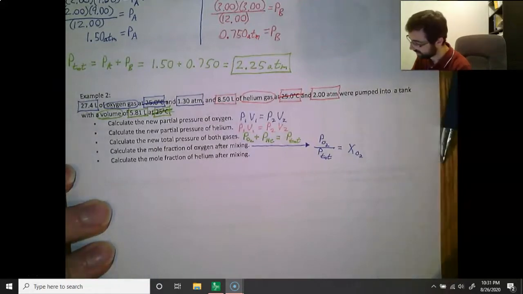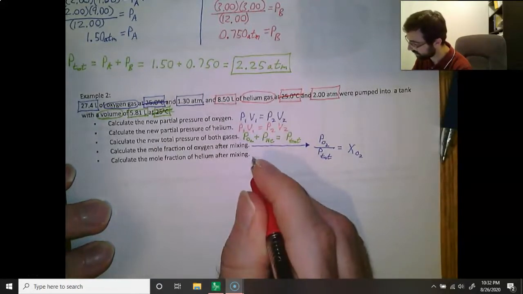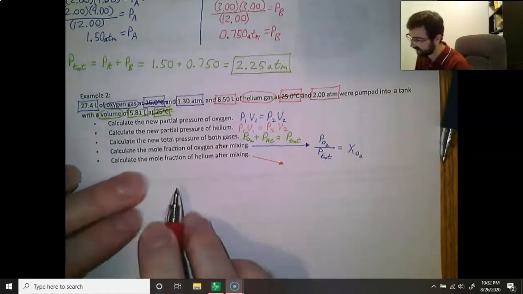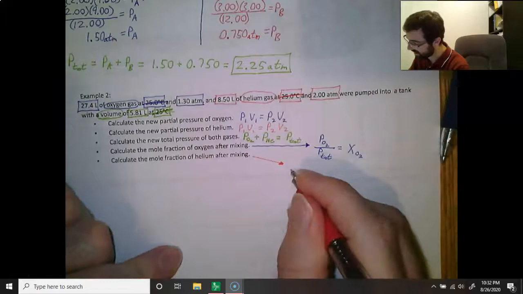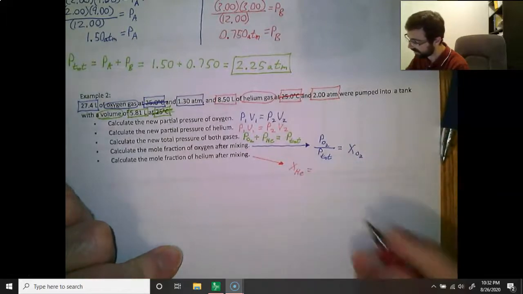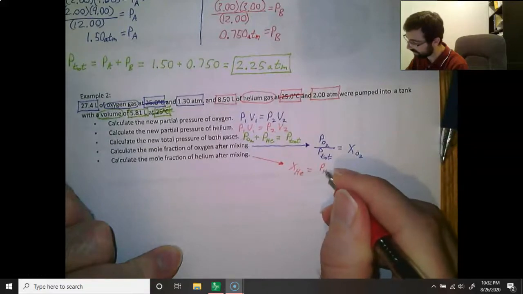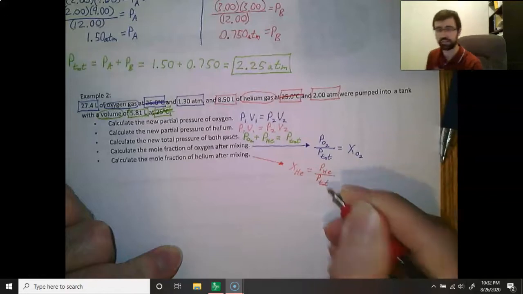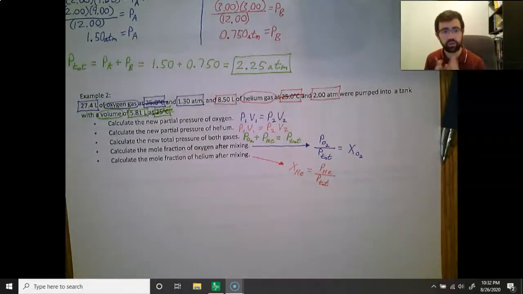And then finally, down here, I'm going to calculate the mole fraction for helium. That's X He, and that's going to be equal to the pressure of helium divided by the total pressure. That's kind of my planning stage, so I know how I'm going to solve each part of the problem.